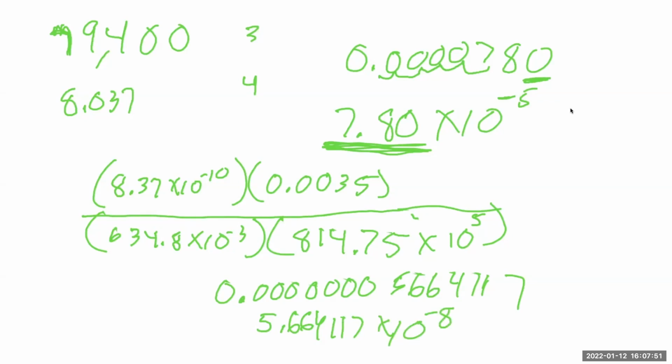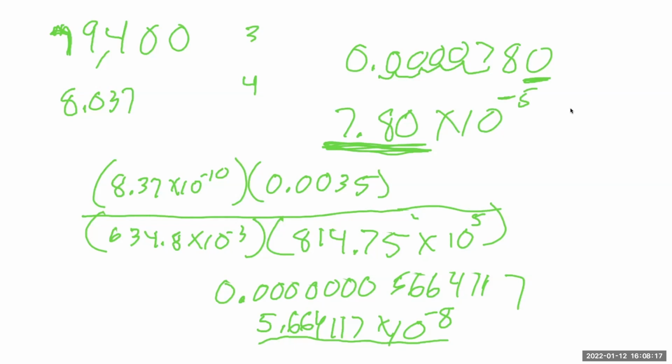That's what EE means on your calculator. Whenever you see EE or E on your calculator, that means times 10 to that power. So don't get it wrong because of that. So we got the same answer, 5.664117 times 10 to the -8.